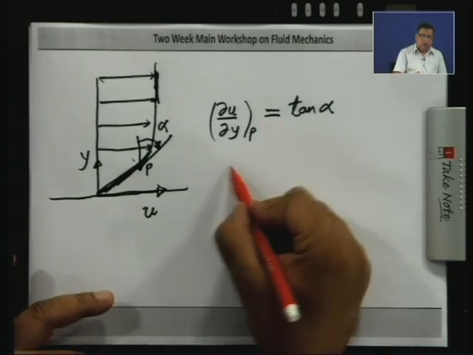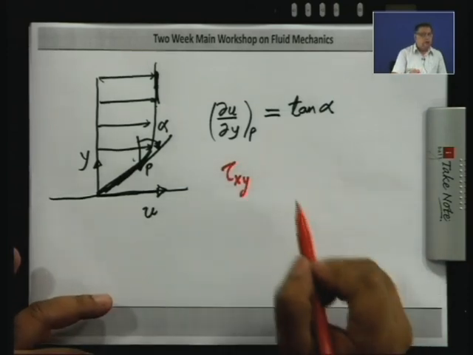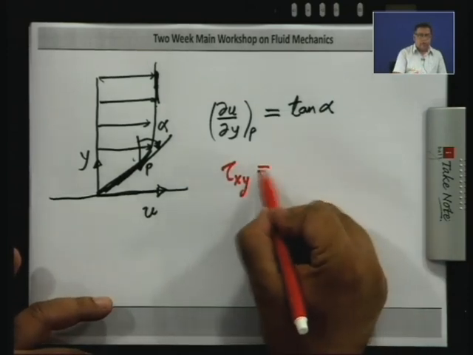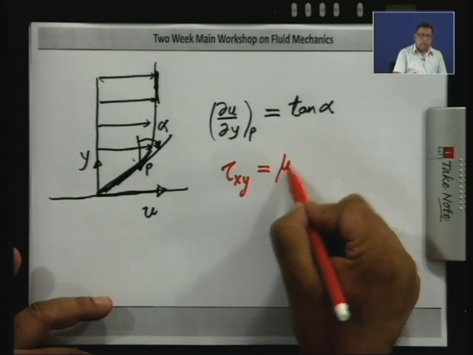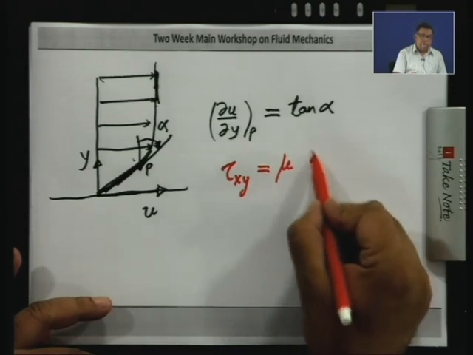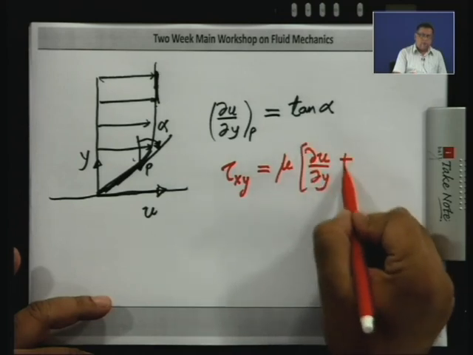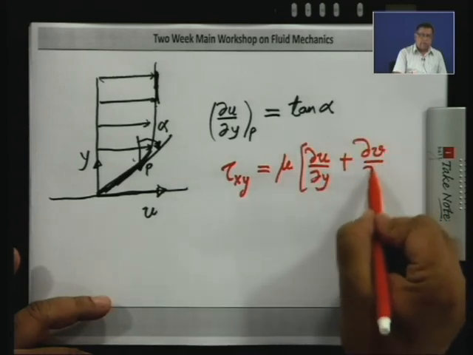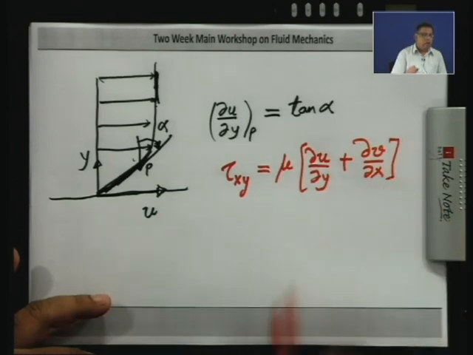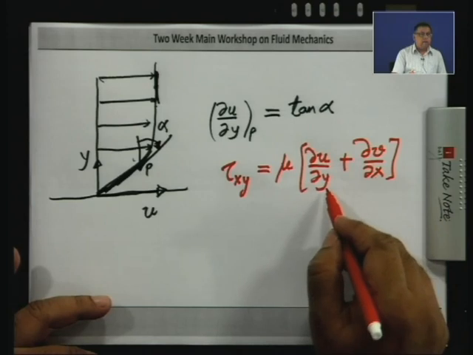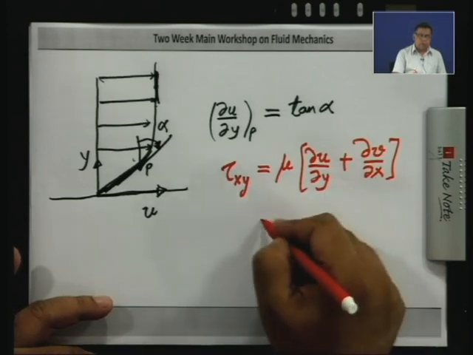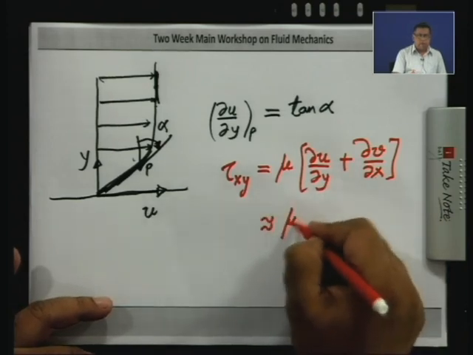Now, if I look at tau x y, you know from Stokes' law of viscosity that for a Newtonian fluid tau is mu into del u del y plus del v del x. Now, we will show that in many cases the second term is small, much smaller than the first term. So, this can be approximated by mu del u del y.